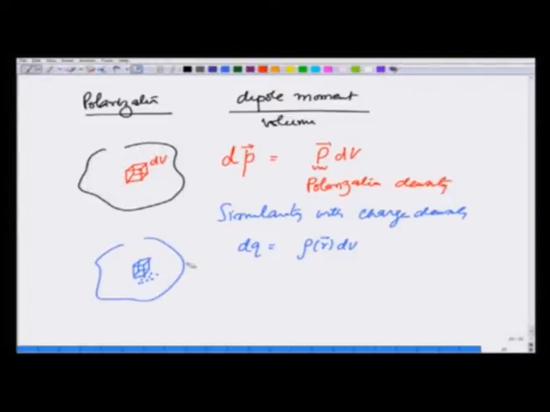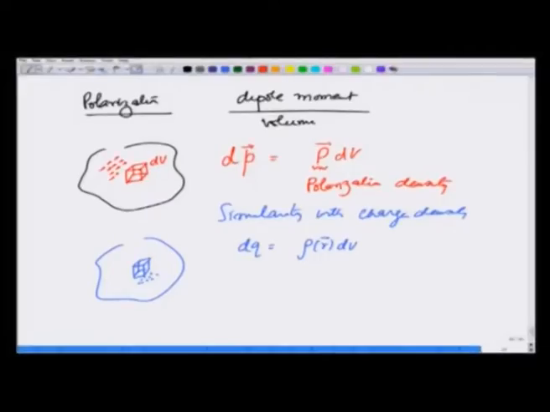This consists of small point dipoles distributed in space, very close together. And if I take a macroscopically very small volume, this is like a continuous distribution, just like in charge density also, in a macroscopically small volume it is a continuous kind of distribution.